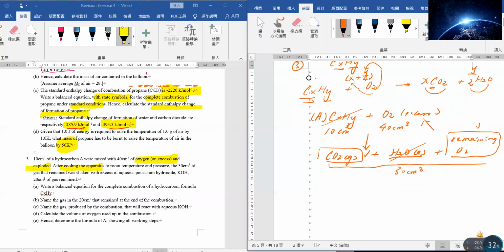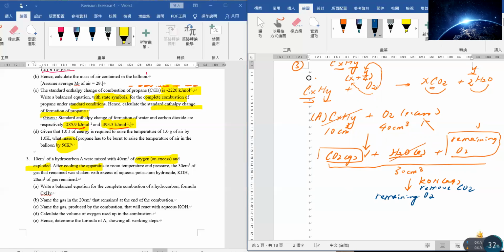And then it was shaken with excess aqueous potassium hydroxide. So what's the use of potassium hydroxide? Potassium hydroxide is alkaline, of course, it's going to help you to absorb the acidic gas, which is carbon dioxide. So it will help you to remove CO2, and then you only have remaining oxygen left.